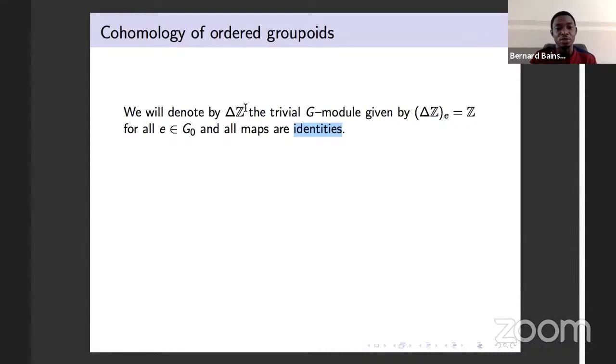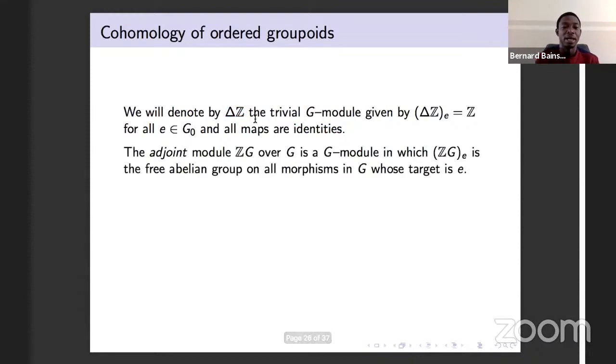So this module is what we call the trivial module, delta Z. Aside from this one, we can also define the adjoint module Z G that will associate the free abelian group on all morphisms that end with target E to the identity E. So if you pick any identity E, the abelian group associated to that will be the free abelian group on morphisms that end at E.